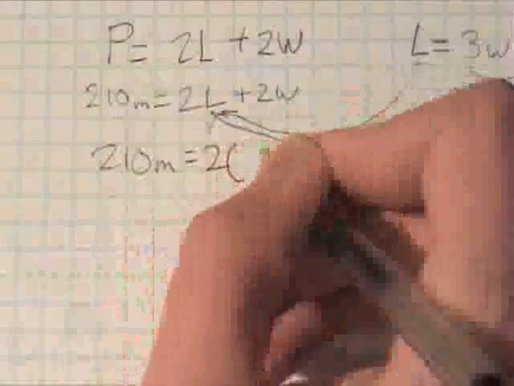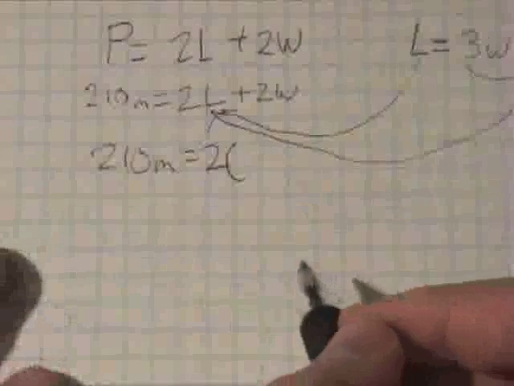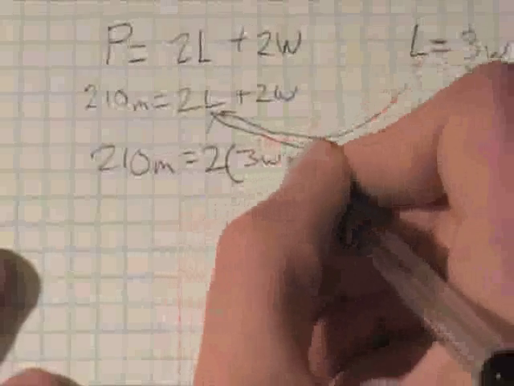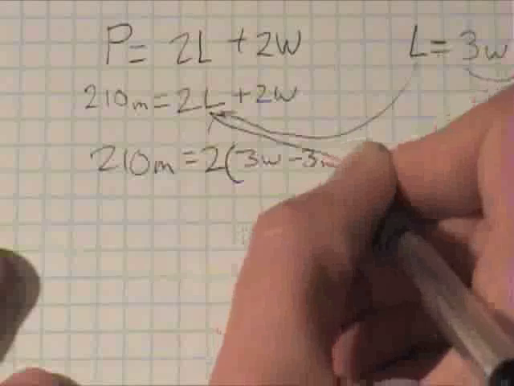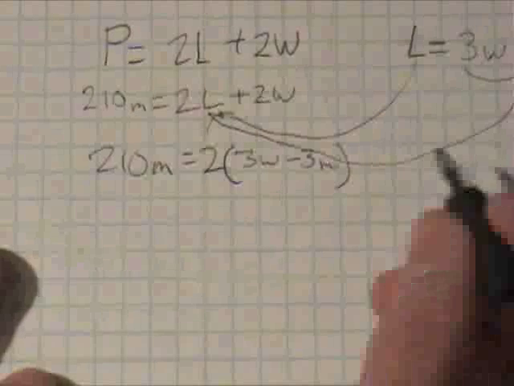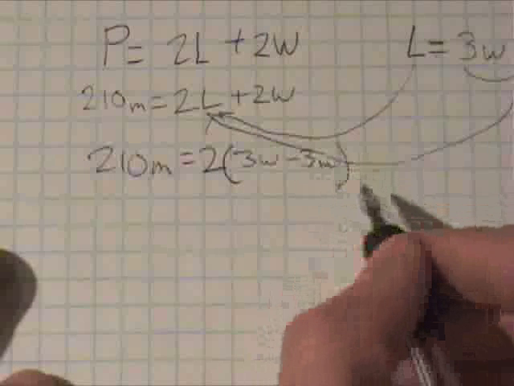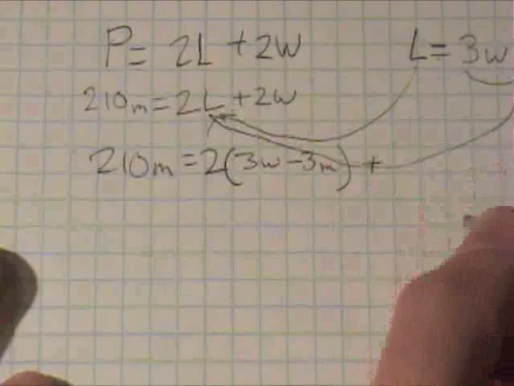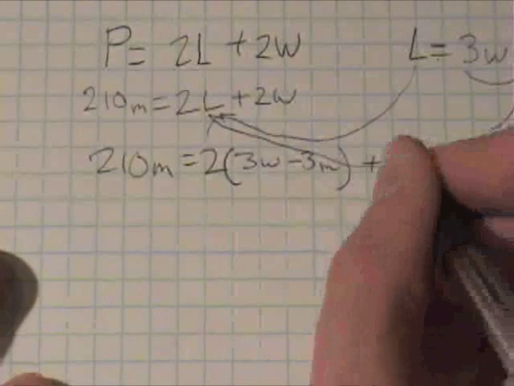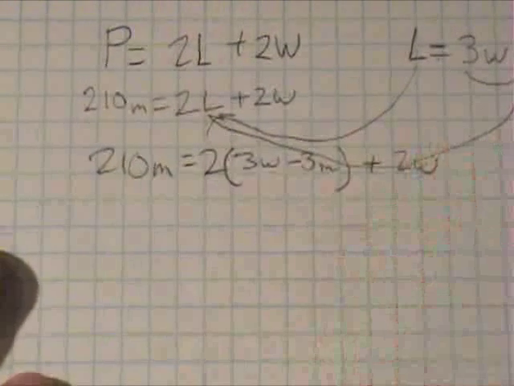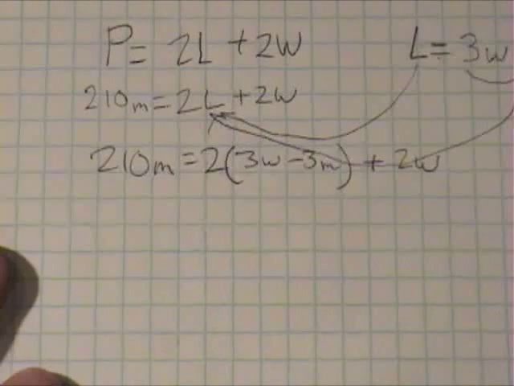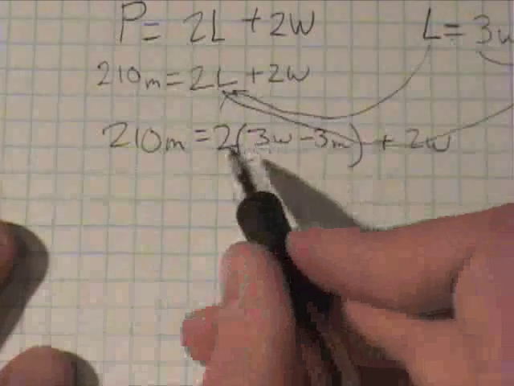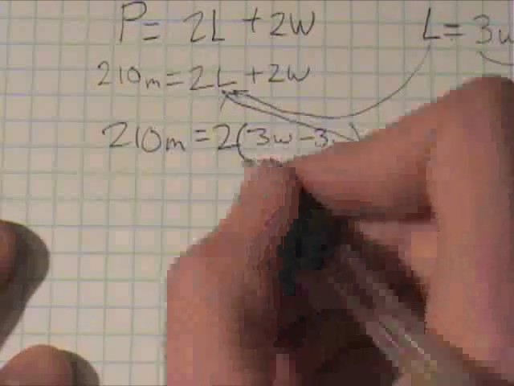So let's rewrite it now that we know what L is. 2 times L, which is 3W minus 3 meters. And that's a meter sign, just to show you the units. Plus 2W. Now we just have to do basic math by distributing the 2 out to each of these.